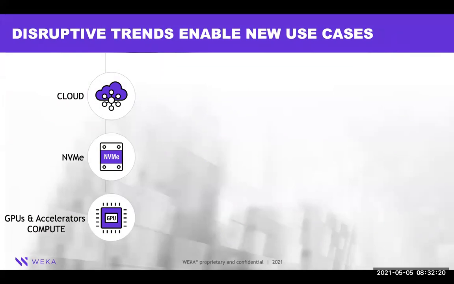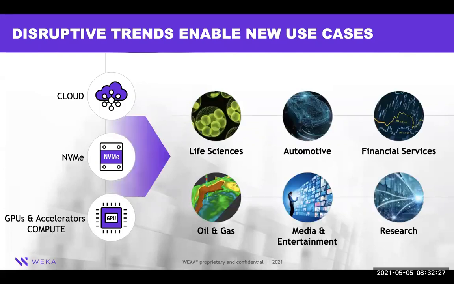And all of these technologies actually enabled new trends and new use cases in multiple markets. Whether you're in the life science market, automotive, financial, research, media, and more, even in classic HPC. GPUs and flash technology and cloud environments are growing and actually enable enterprises to do things that they couldn't have done before.